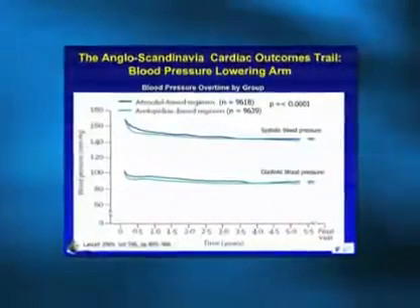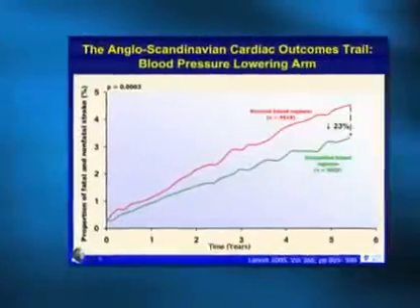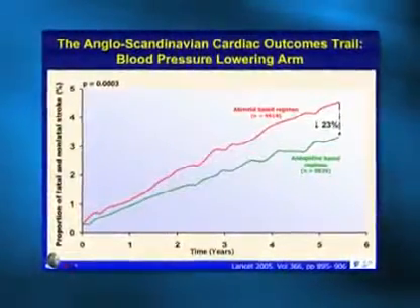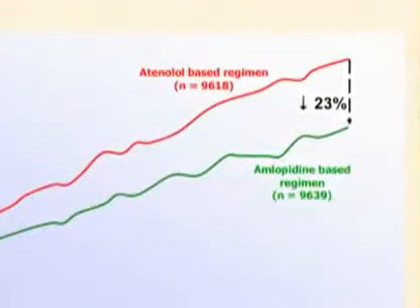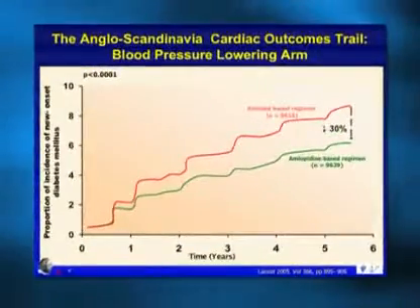They are almost identical, and matched for age, sex, and everything else. But at the end of 5 years, the group treated with a certain drug called beta blockers has 23% more stroke and 30% more diabetes as compared to the second group.